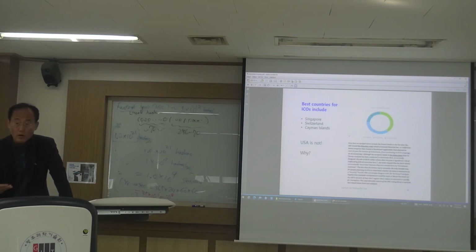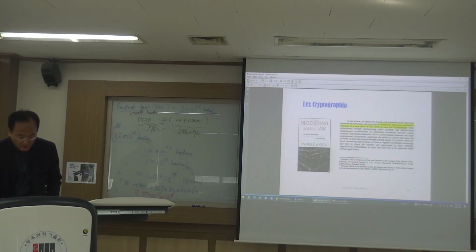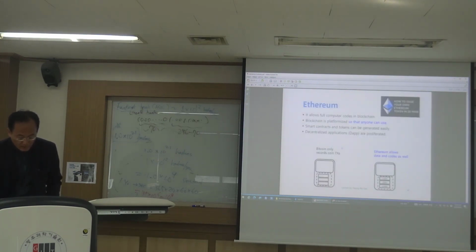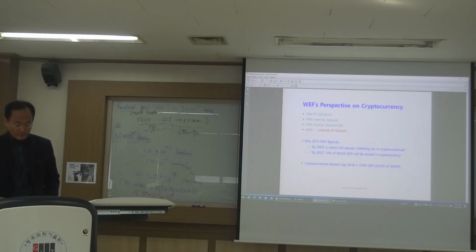I will focus more on the technology part this semester. All right, especially this part, the World Economic Forum's forecast on the blockchain. It will be 10% of world GDP by 2027, like that. And it is getting there year by year.